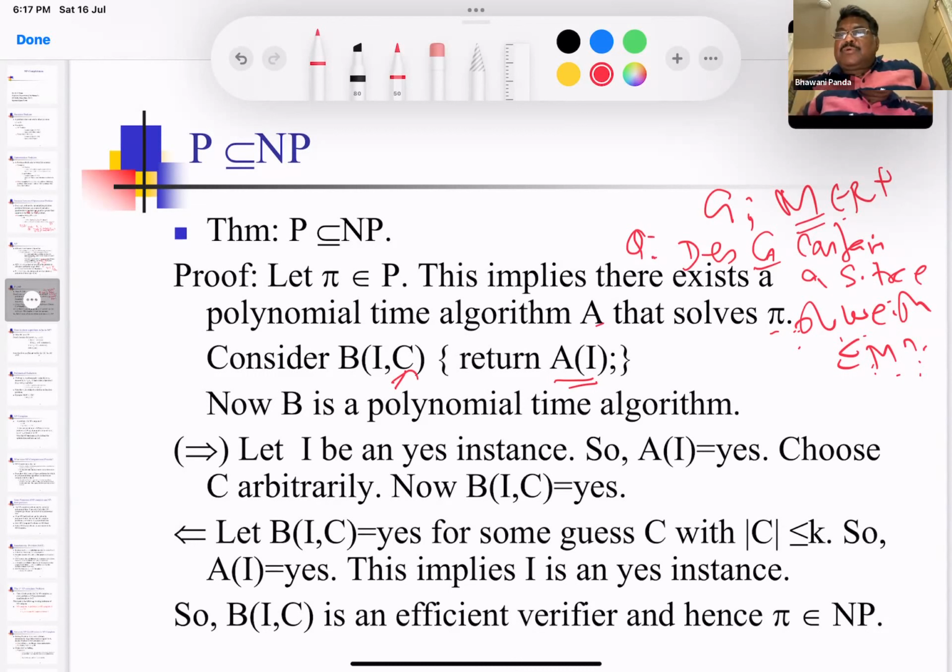For example, as I told you, if you say that you are a student of IIT Delhi, and I have the list of all the students, then whatever ID card or certificate you give, I don't want to see it. I will see my master list and verify. But your claim is true, if it is a true instance, then I can verify in polynomial time. So that is basically ignoring the certificate. Okay, so P is a subset of NP.